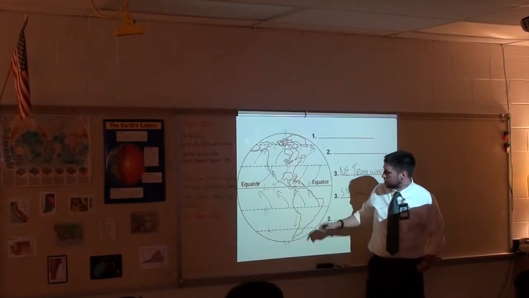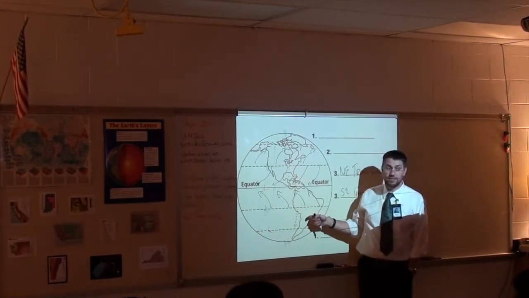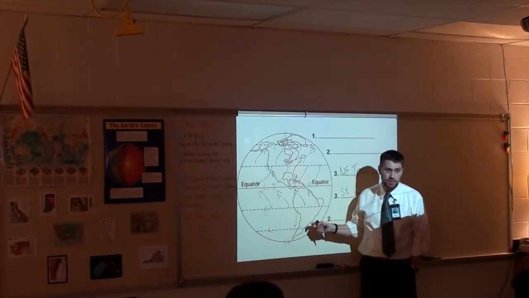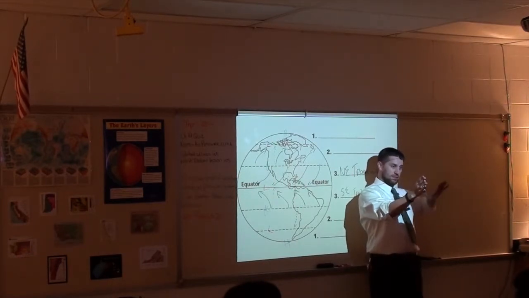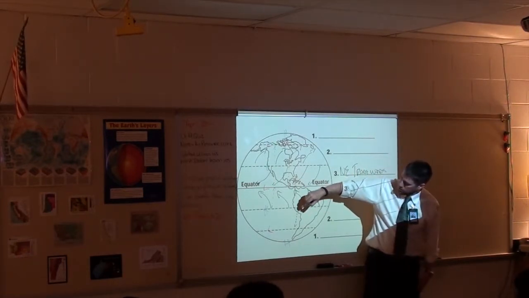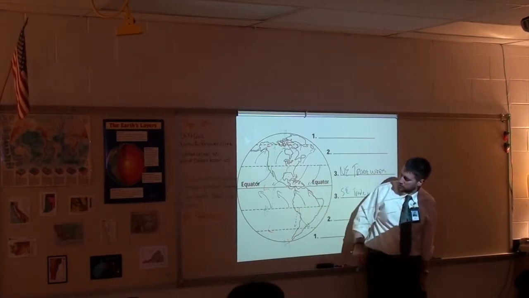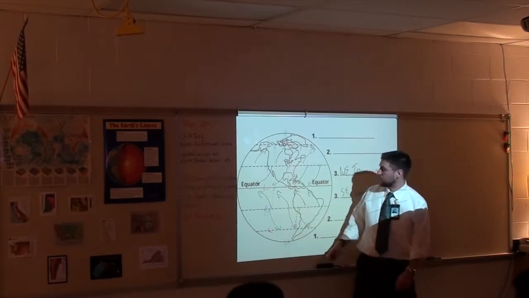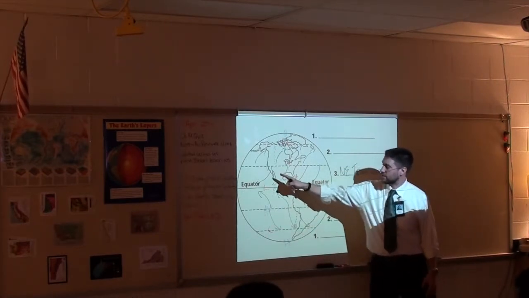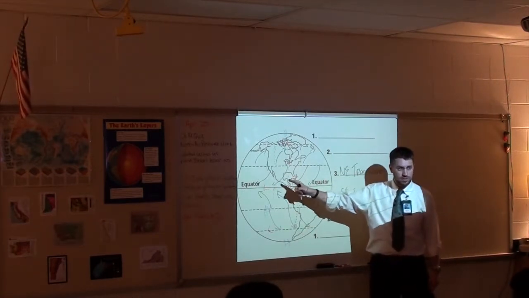Draw your arrow. Oh wait, it's deflected to the left in the southern hemisphere. So if I'm facing you, what's my left? This side, right? So it's going to go to the left. If you want to check yourself, your arrows should always kind of go at a diagonal to each other.